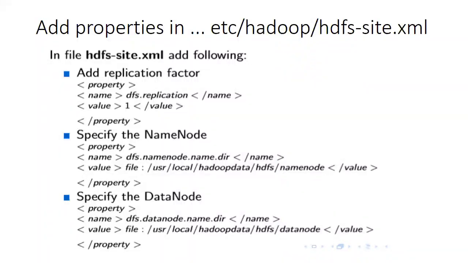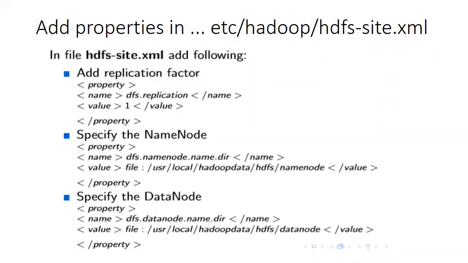The next one is about the data node, where the data node directory is created in the same path, /usr/local/hadoop/data/hdfs, that is the property value. Here we are setting the replication, where the name node directory is available and where the data node directory is available.